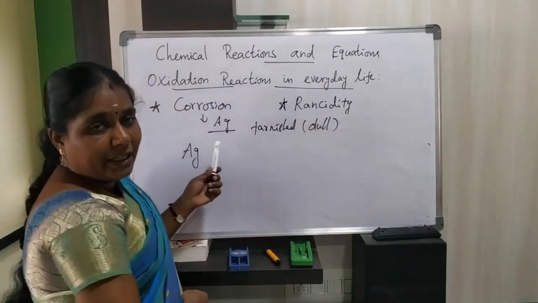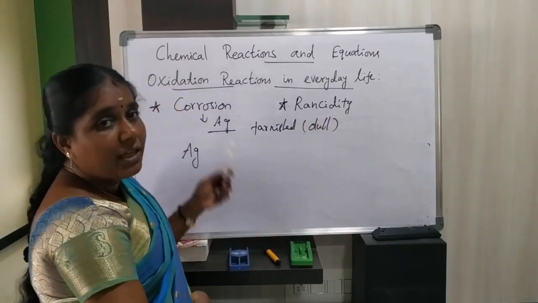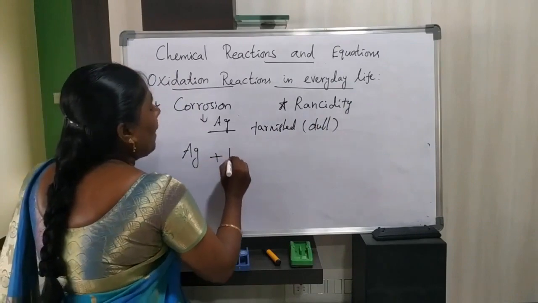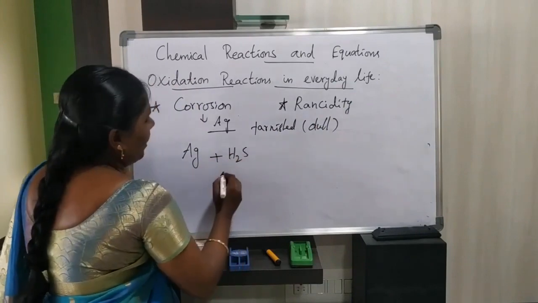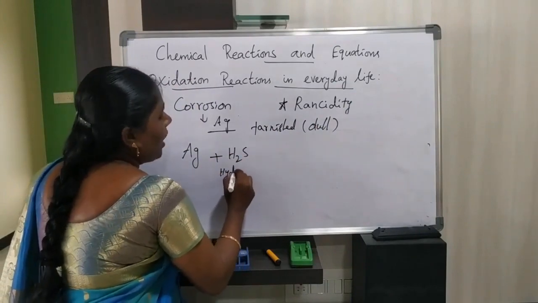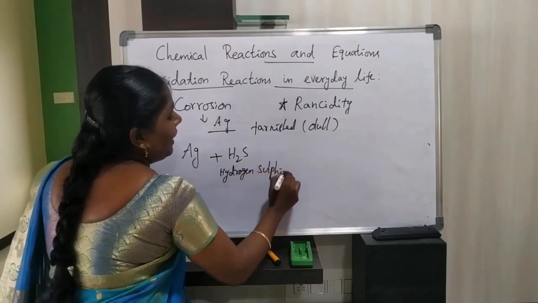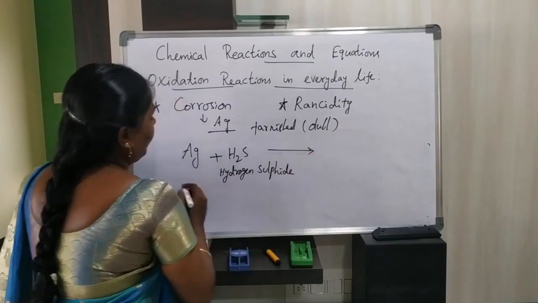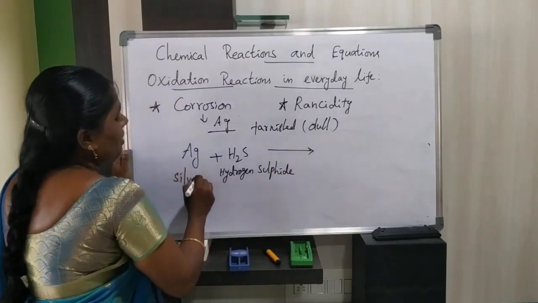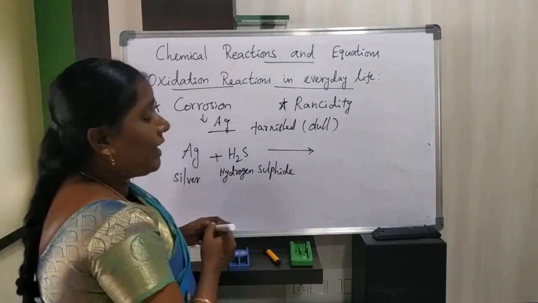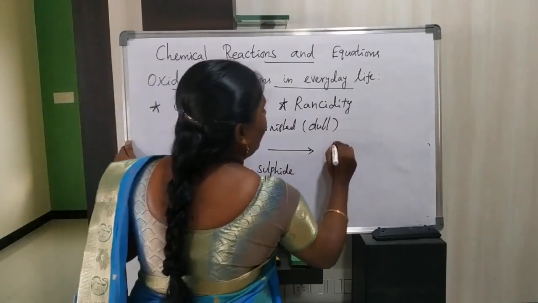This silver article gets tarnished because of the reaction with hydrogen sulfide. This is Ag, silver. This is H2S, hydrogen sulfide.